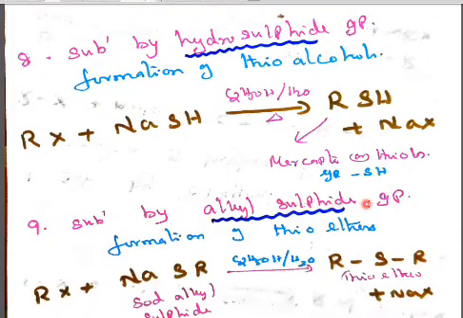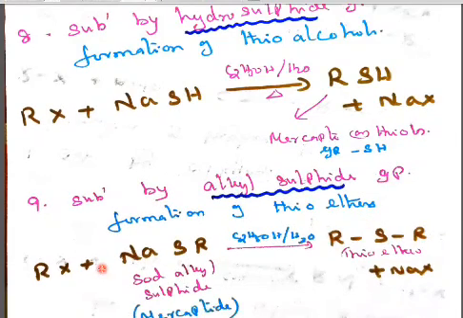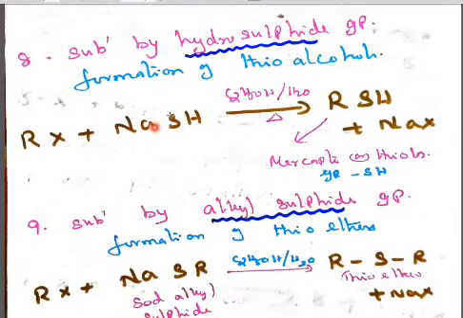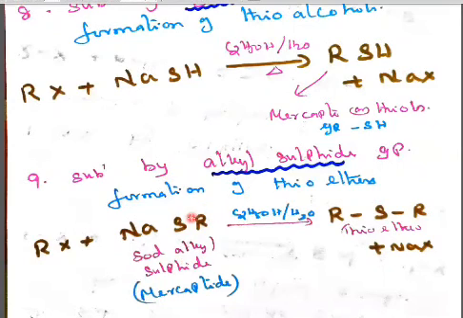Here, when you use the alkyl sulfide group, this is the alkyl hydrosulfide, and this is called alkyl sulfide. Sodium alkyl sulfide is called a mercaptide. Thioalcohols are also called mercaptans, and this is called mercaptide.